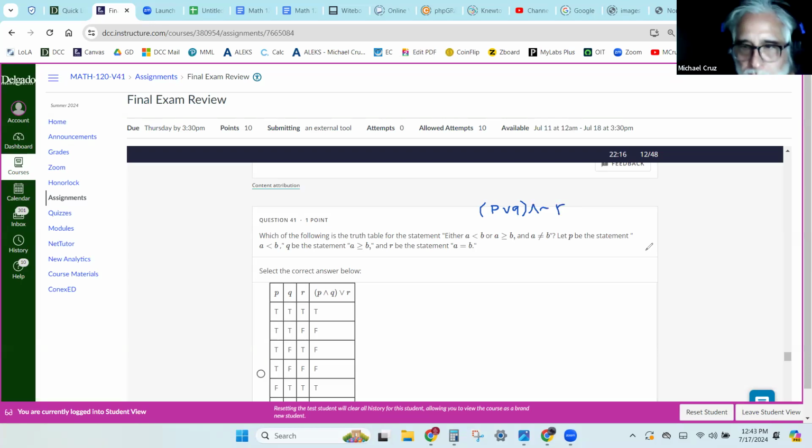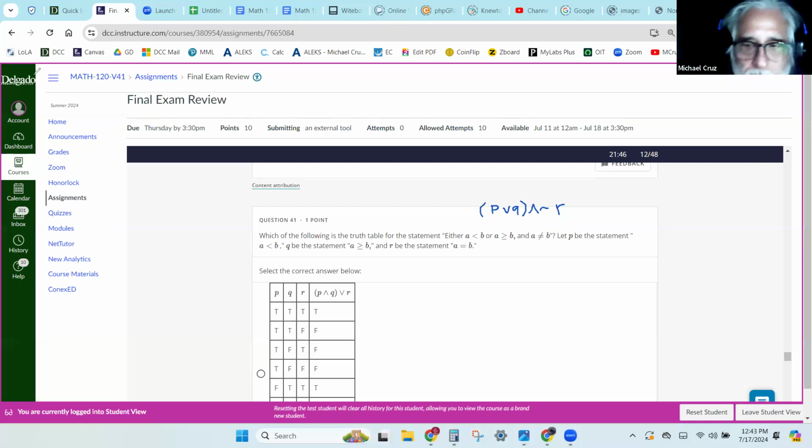Which of the following is a truth table for the statement? Either A is less than B or B is greater than or equal to A. That's P is A is less than B and Q is A is greater than or equal to B, close the parentheses, and A is not equal to B, not R. Because R is A is equal to B.